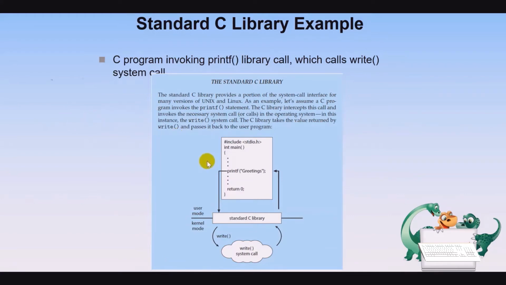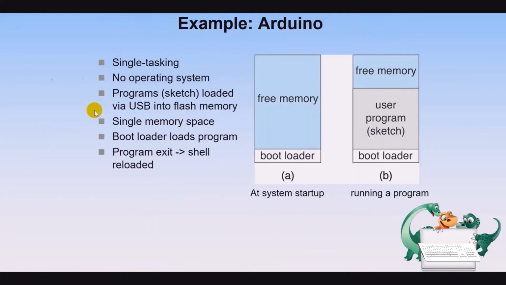As shown in C++ or any programming language, we are using system calls there. So a C program invoking the printf library call, which calls the write system call. So that means with printf, we want to print something on the screen, so we are calling a write system call there.